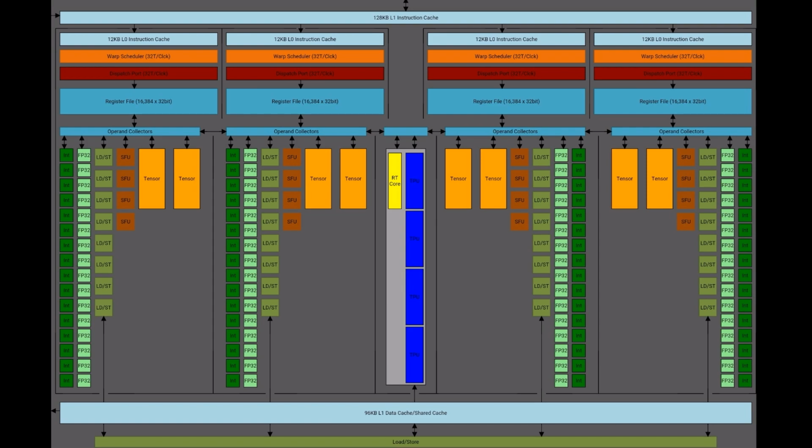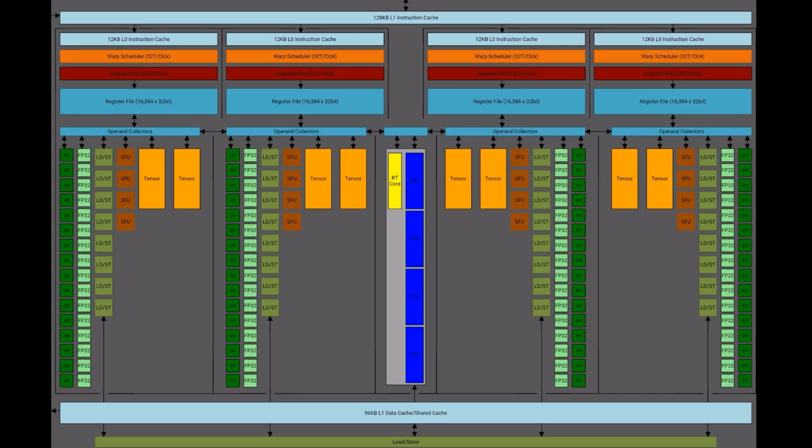So when we look at any one of these fragments, or Nvidia refers to them as clusters or partitions rather, I call them fragments. I've been calling them fragments for years, but they refer to them as partitions. Fragment, partition, same thing. Essentially, this is a single SM within a Turing GPC.